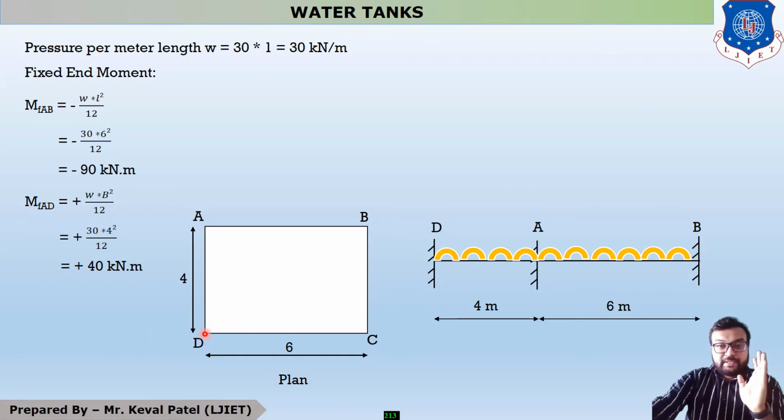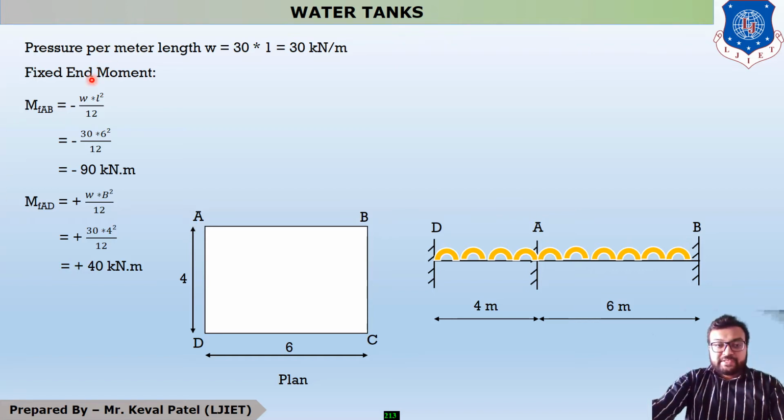Now for D, this span is 6 meter and this span is 4 meter. It means we have to design any one junction, and the design of the rectangular water tank for all the junctions follows according to any one junction. Okay. So in this example, we have to design for junction A only.